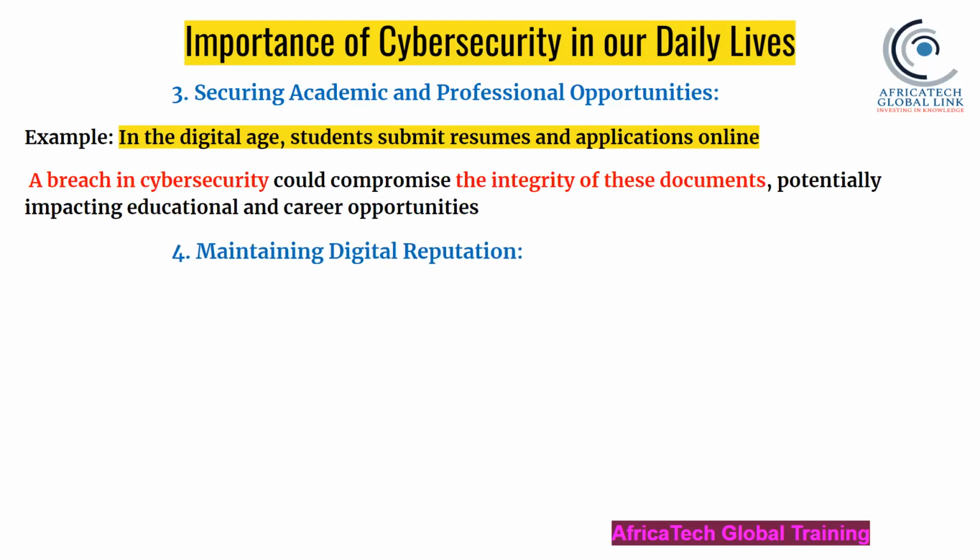So a breach, what is a breach in cybersecurity, could compromise the integrity of these documents. You send a document and now someone goes and changes it and puts something else in your document. Now it's impacting what? Your educational and career opportunities. Maybe they wanted to hire you, but someone removed something that you did or added something. They can refuse to hire you, and you don't even know what is going on. Why? Because someone added something, right?